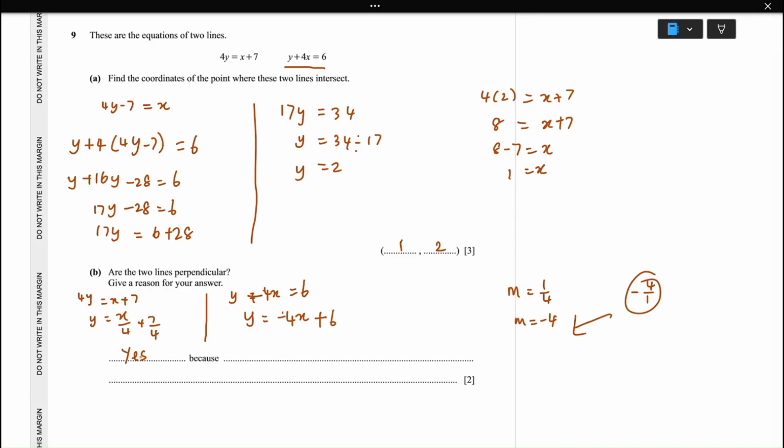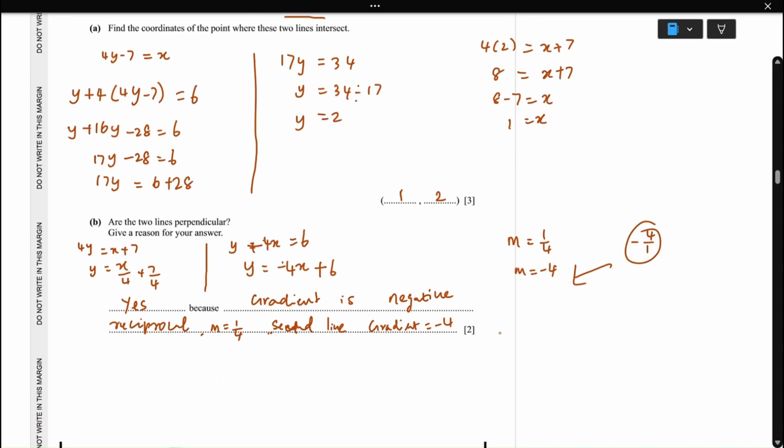We have to write the reason: because the first one's gradient is 1/4 and the second line's gradient is -4. So both are negative reciprocals, so it's perpendicular.